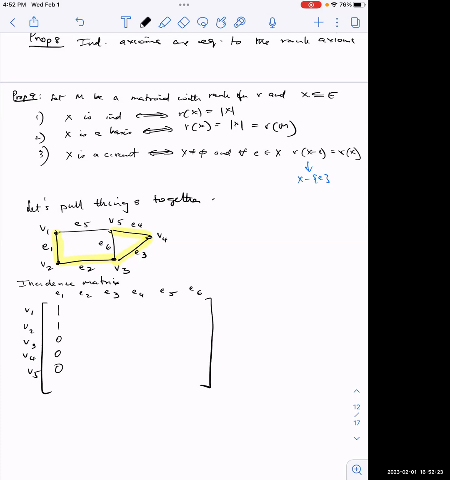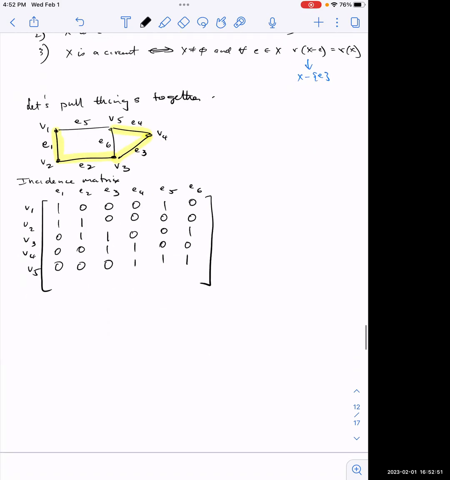So E1 is 1, 1, 0, 0, 0. E2 will be 1, 0, 0. E5 is 1. This is just the incidence matrix, okay?